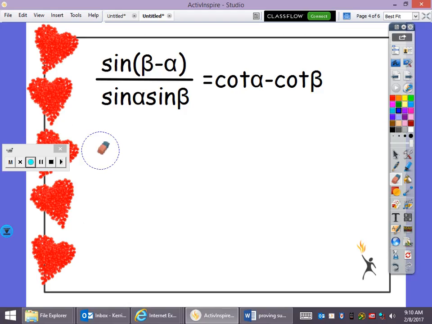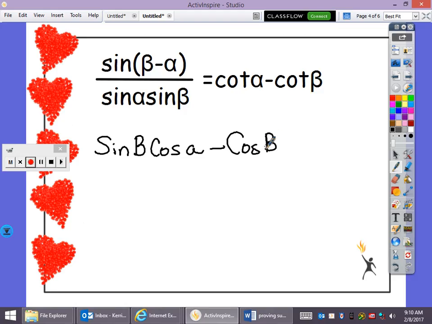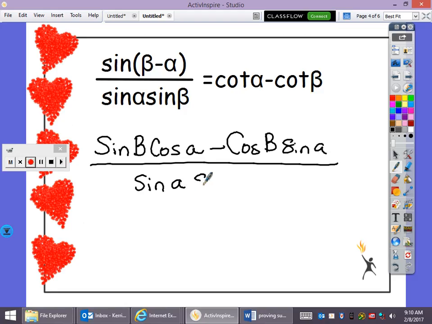I did sine beta cosine alpha minus cosine beta sine alpha over sine alpha sine beta. Okay, I have 2 parts in the numerator, so I can separate it out as long as I do what? Keep the denominator.